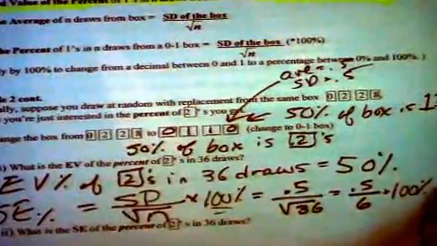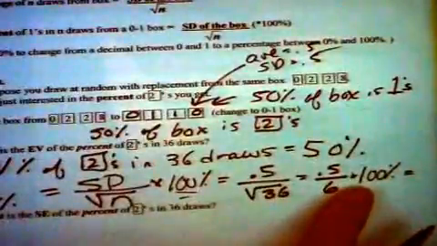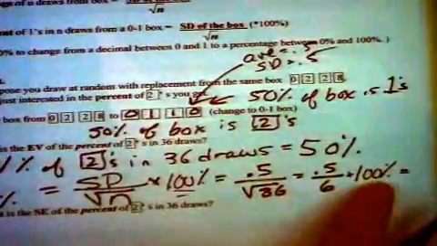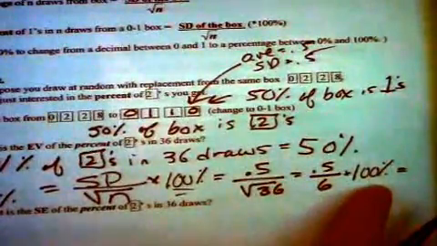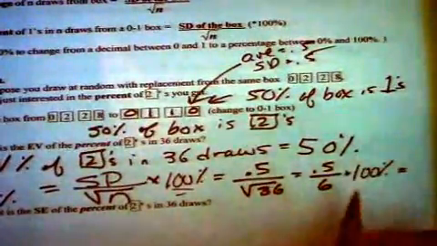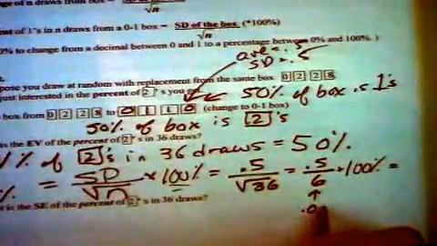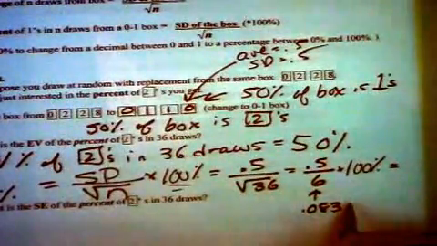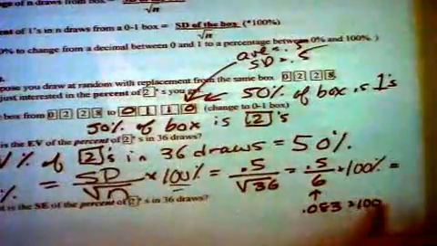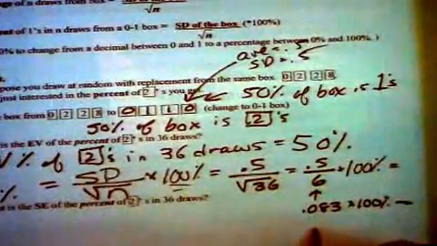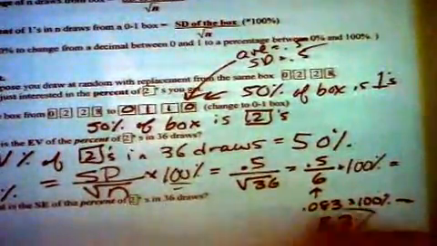People are going to say, oh, multiply by 100%, you're not changing anything. This is to remind you to change it to a percent. Instead of 0.083, times 100 to change it to a percent is 8.3%.